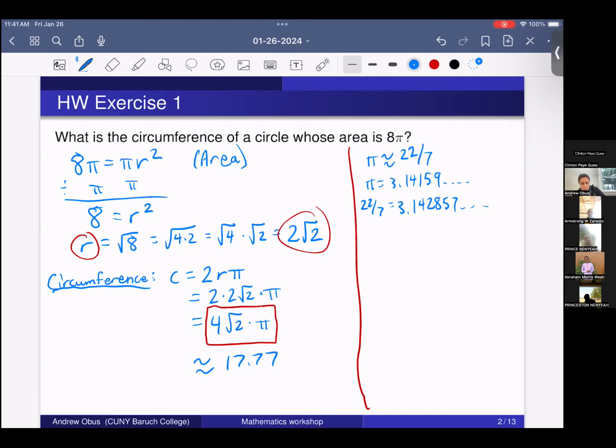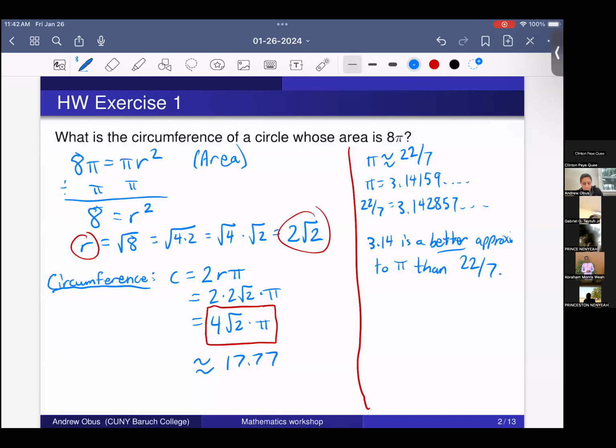They're pretty close to each other, but they're not exactly the same. In particular, 3.14 is a better approximation to pi than 22/7 is.